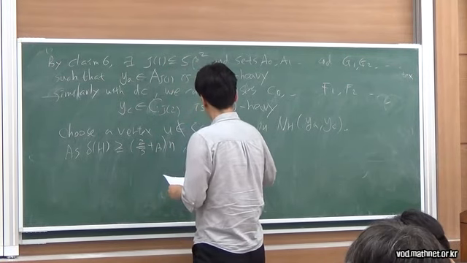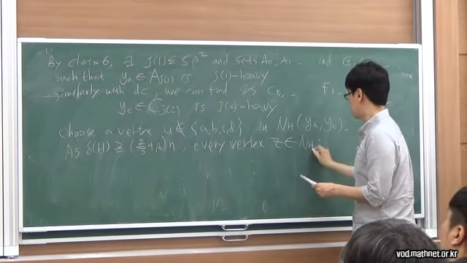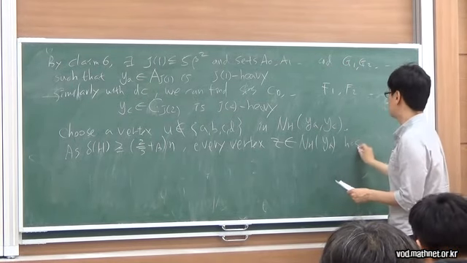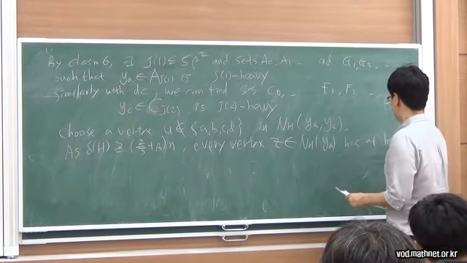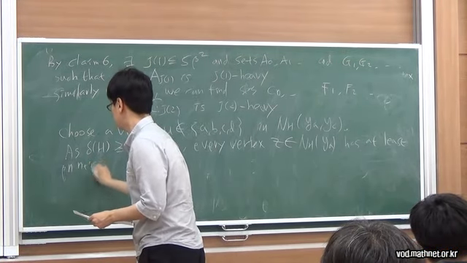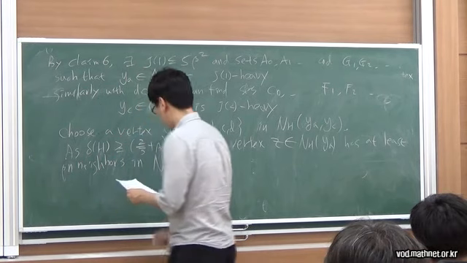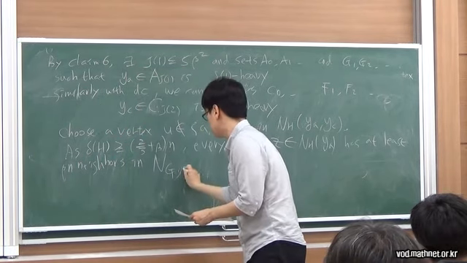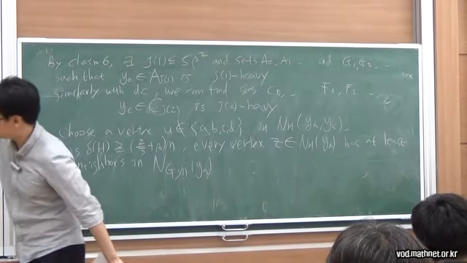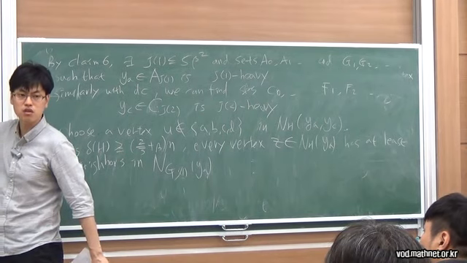Every vertex in G that is a neighbor of Y_A has at least beta n neighbors in the neighborhood of G sub J1 Y_A, which means that here, every vertex in here has at least beta n neighbors here.